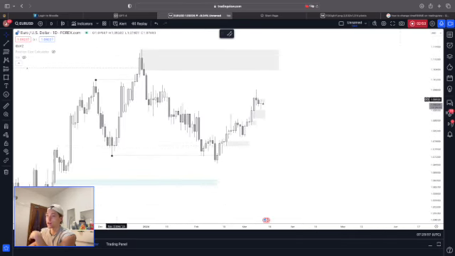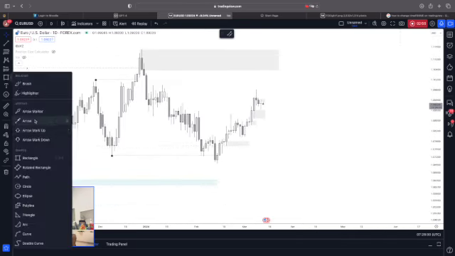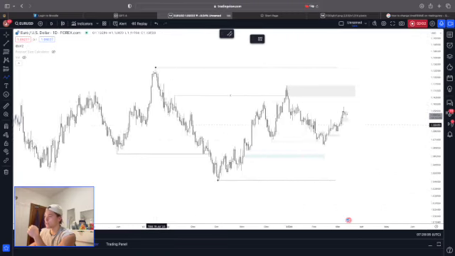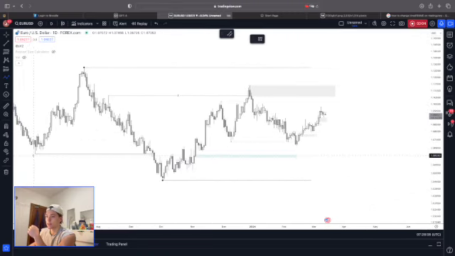I'm all about market structure and supply and demand. So, the swing structure: we had this low here, a nice impulsive move up, which created our swing high here, came down, broke this low.